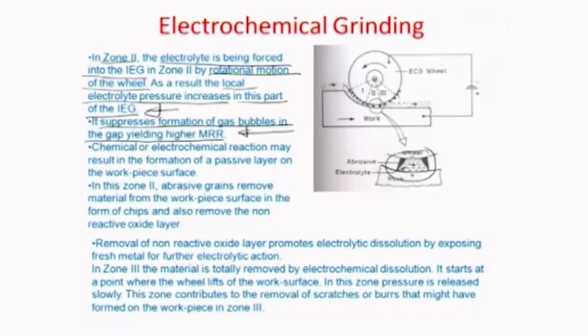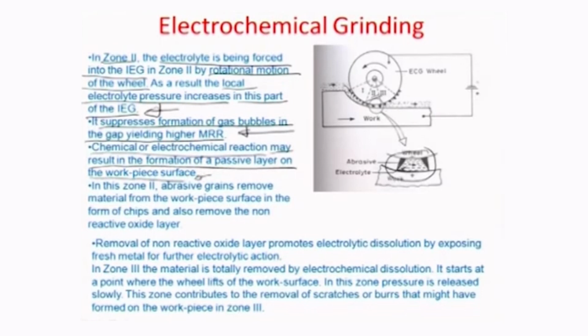So, whatever chemical or electrochemical reactions, which is the principal removal mechanism in zone 2 here, takes place between the work and the tool, it may result in the formation of a passive layer, particularly on the workpiece surface. Okay.